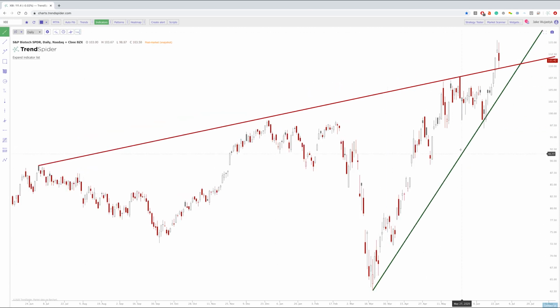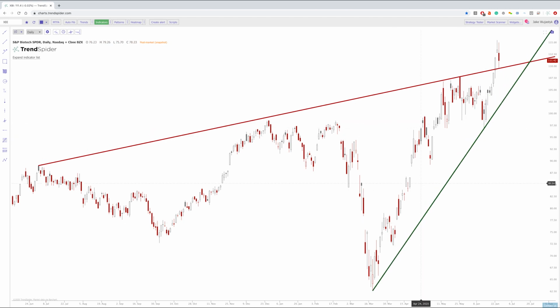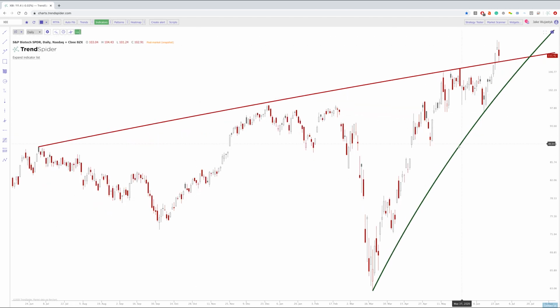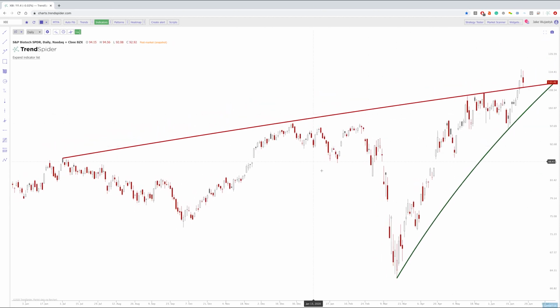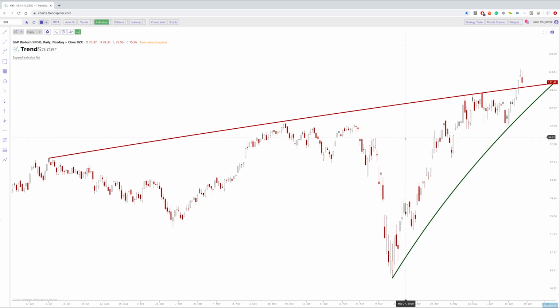This is a pretty sharp move up. Notice how curved that becomes when we change it to log. So anytime you see some of these curved lines, we're generally drawing them on linear scale, changing it to log, and you can see how they curve like that. So there have been some really cool case studies of that. I think Dan posted a really cool chart of QQQ on that last weekend.